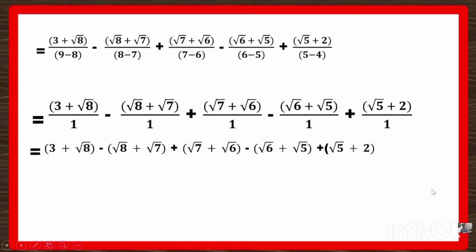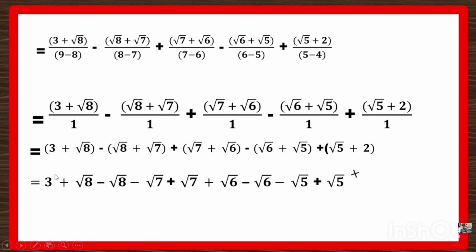Okay, so after calculation you see the removal of the bracket. Understand? So it is 3 plus root 8, here plus root 8 will be minus root 8 and plus root 7 will be minus root 7. You are able to see now, here the sign is minus, so the plus root 8 will be minus root 8.